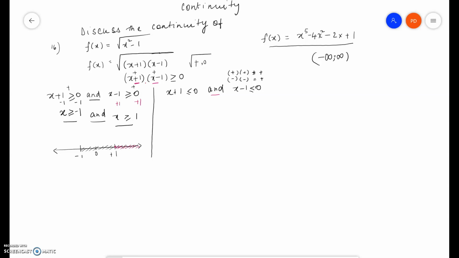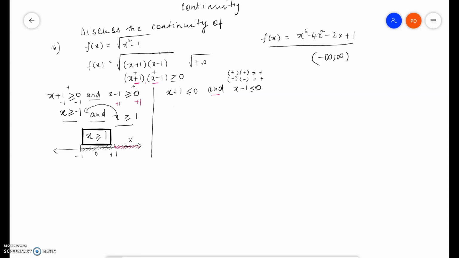So we can replace the two inequalities by x greater than or equal to 1, because if x is greater than or equal to 1, we can be sure that x is greater than or equal to negative 1. So if it's on the right of 1, it is sure to be on the right of negative 1. So we can replace the two inequalities by the one inequality, which is x greater than or equal to 1.